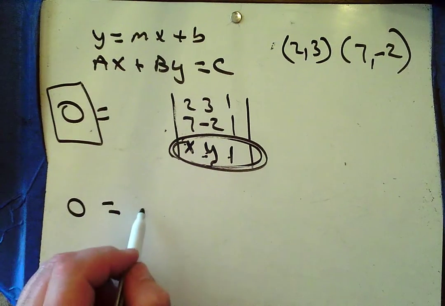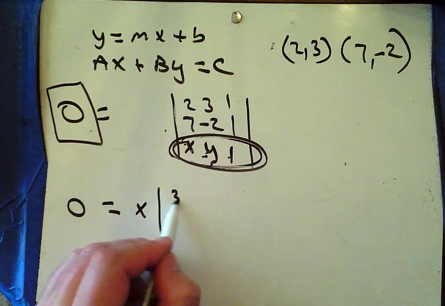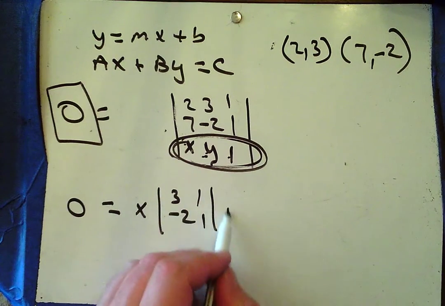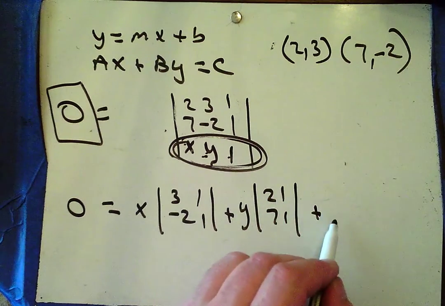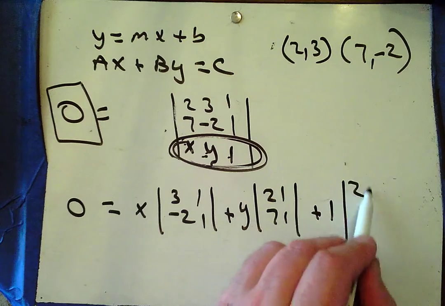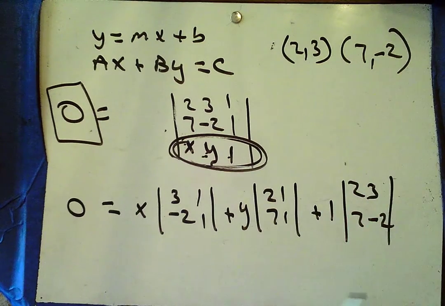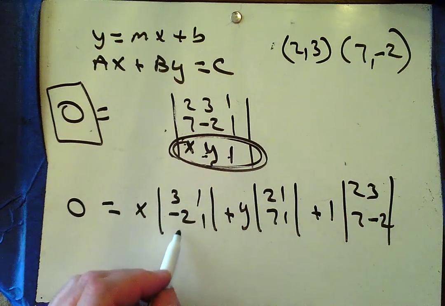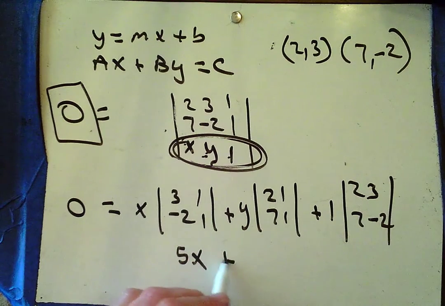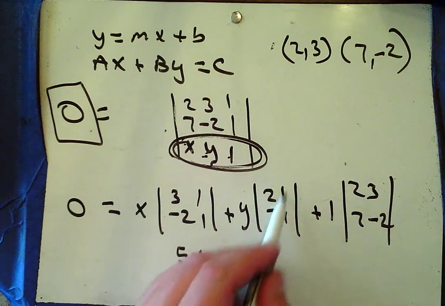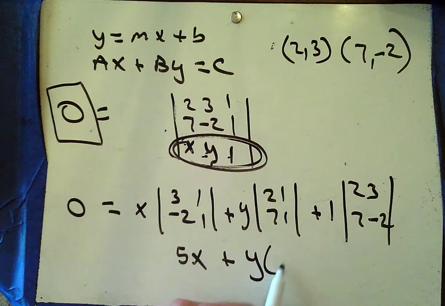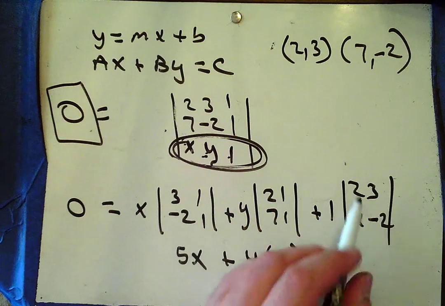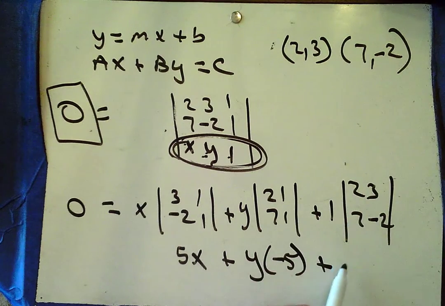So I have 0 equals x times the determinant of [3, 1; negative 2, 1], plus y times the determinant of [2, 1; 7, 1], plus 1 times the determinant of [2, 3; 7, negative 2]. So I have 3 minus a minus 2, and then 2 minus 7 is negative 5, plus negative 4 minus 21 is negative 25 times 1.